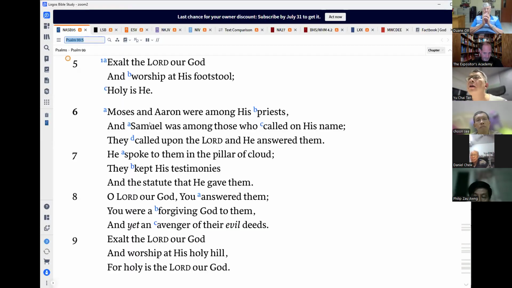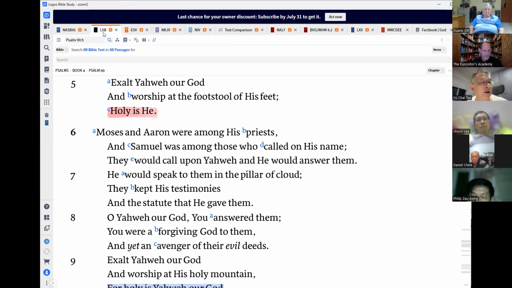Pastor Tim, I just noticed that the version we were using in the exercise just now was an ESV, "they called upon him and he answered them." New American Standard. All right, because I noticed the LSB translated it as "they would call upon Yahweh and he would answer them."